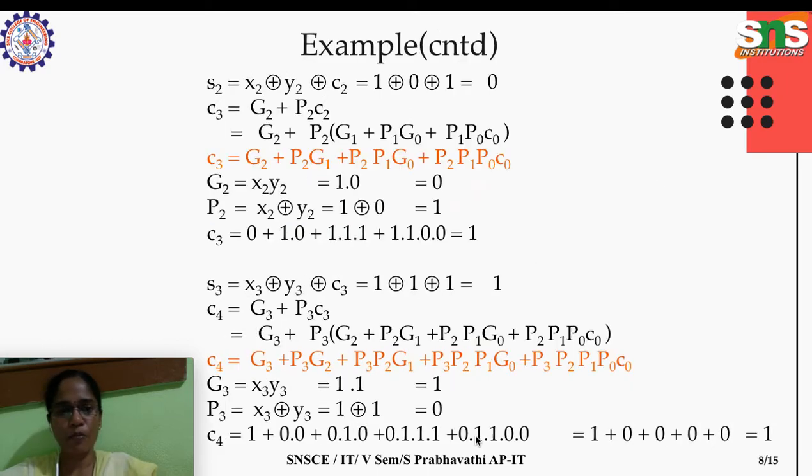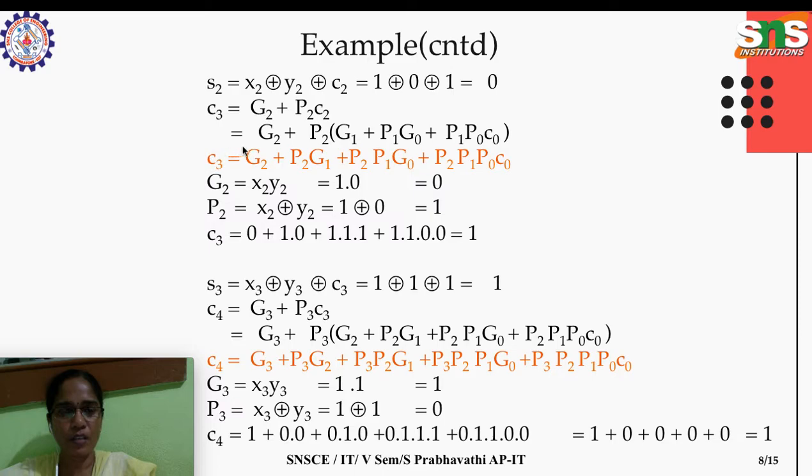Moving on to the next bit calculation, the third bit, that's S2. As usual, the S2 value here is 0, and C3 is nothing but G2 plus P2 C2. C2 we have calculated previously as this equation. So finally C3 is equal to G2 plus P2 G1 plus P2 P1 G0 plus P2 P1 P0 C0.